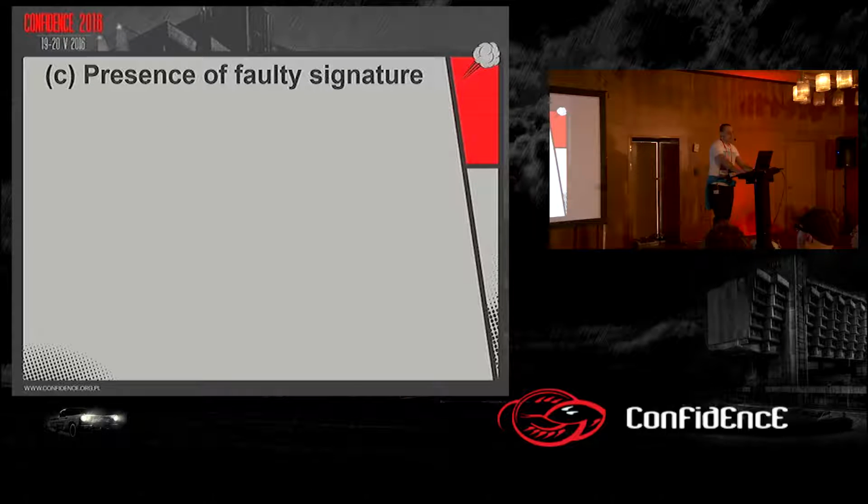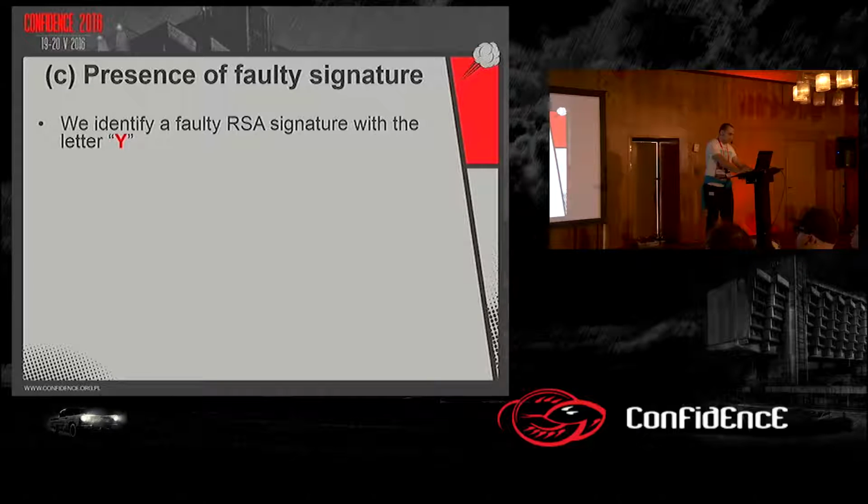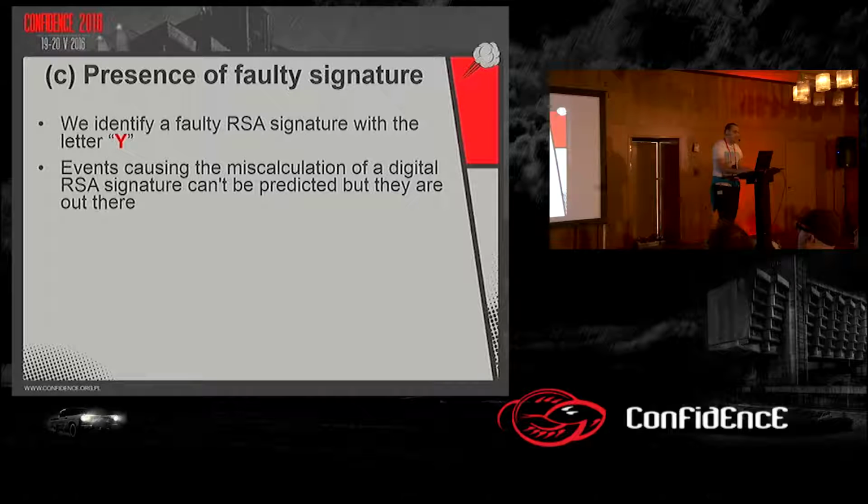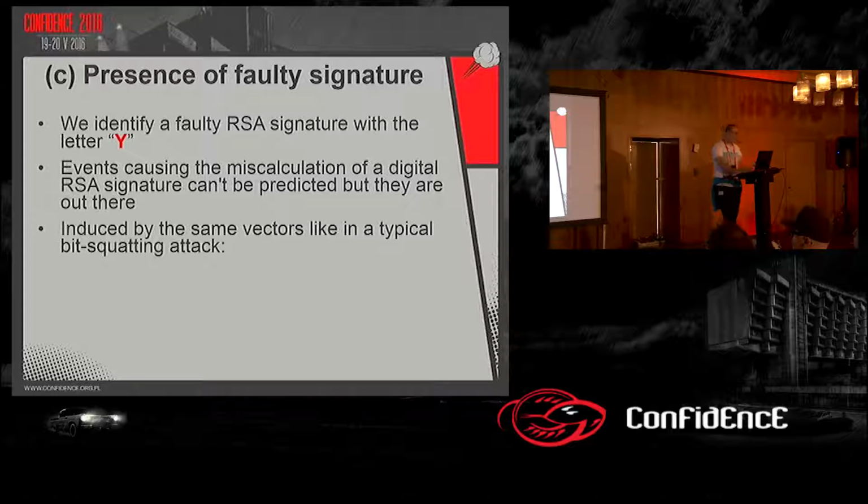So the last prerequisite is the presence of a faulty signature. And this is the queen of the vulnerability, because without a faulty signature, we can't exploit this problem that I'm going to show you. So we identify this faulty signature with the letter Y. And basically, events that cause a server to miscalculate a signature are unpredictable in nature, but they are out there.